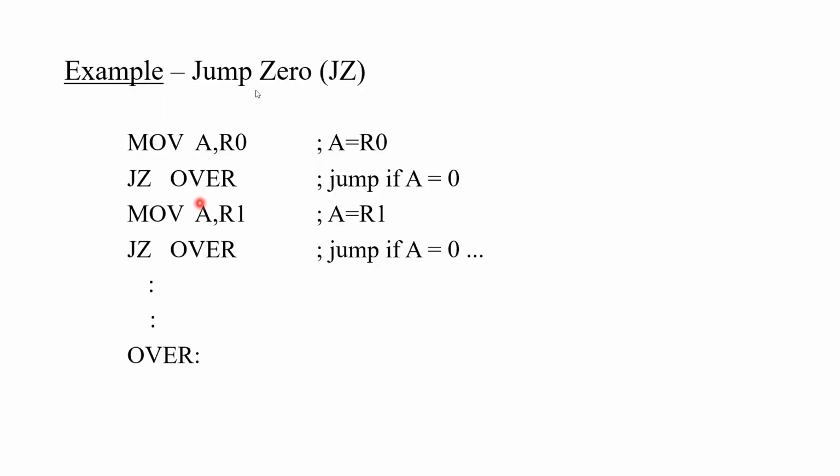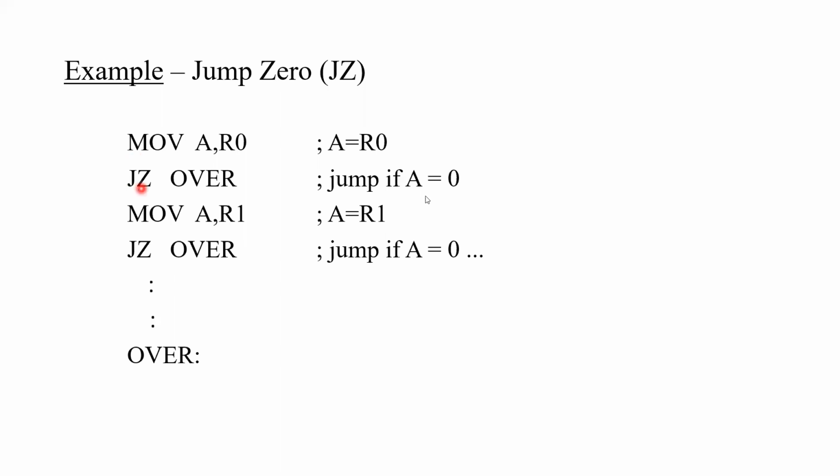We'll see an example for jump zero. MOV A, R0: whatever the content of R0 is, it is moved to the accumulator. Then JZ over. When I say jump zero over, it is implicit that it will see the contents of the accumulator, whether it is 0 or not.